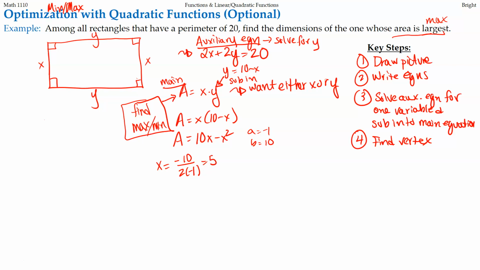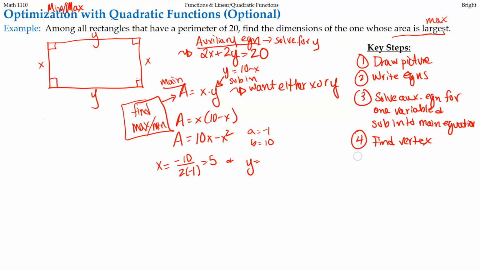That means x is 5, and then if I substitute in for y, remember that y from above was 10 minus x. So that means y is also going to be 5.